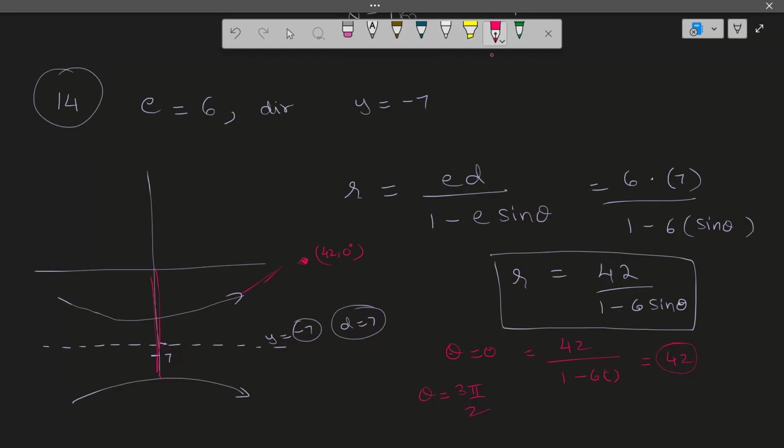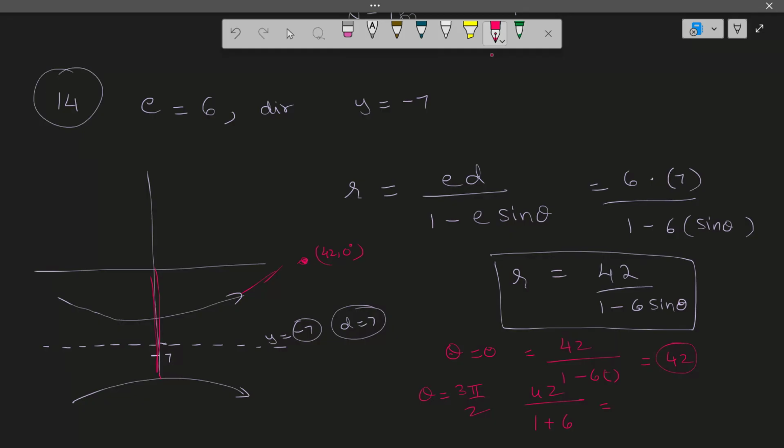If theta is equal to 3 pi by 2, it would be 42 over 1 minus 6 sine of 270. Sine of 270 is negative 1, making this 6 plus 1, so that is 42 over 7. Let me put that in the calculator. 42 divided by, in parentheses, 1 minus 6 sine of 270, close parentheses.